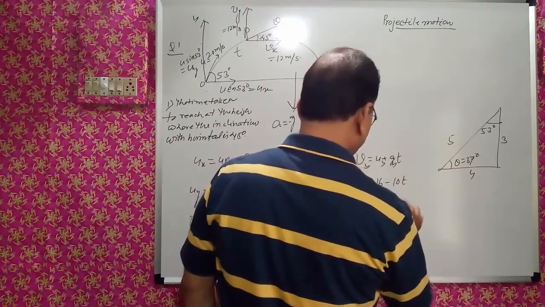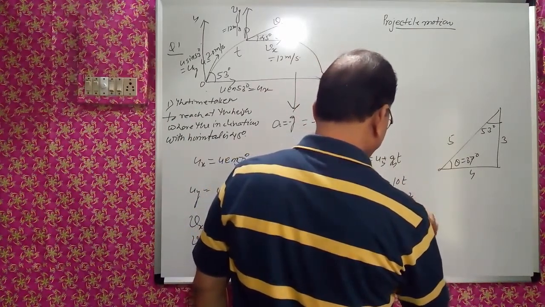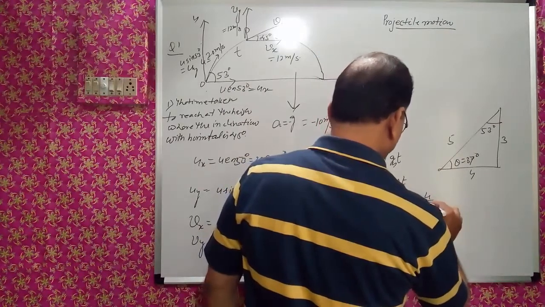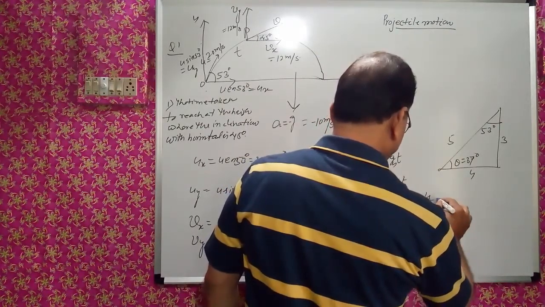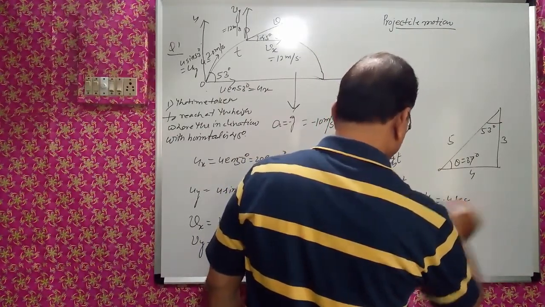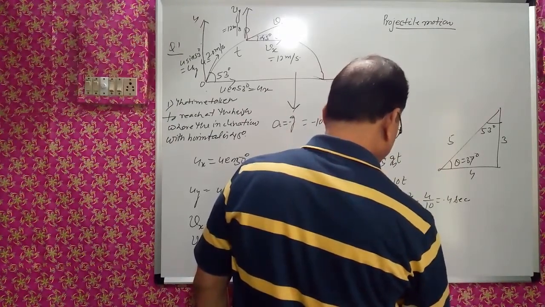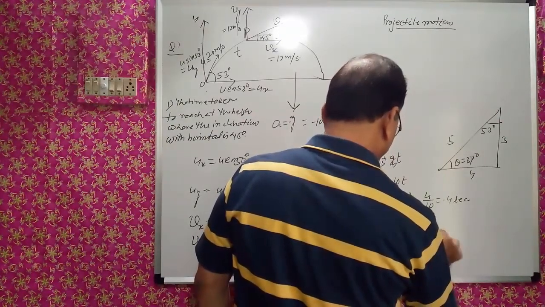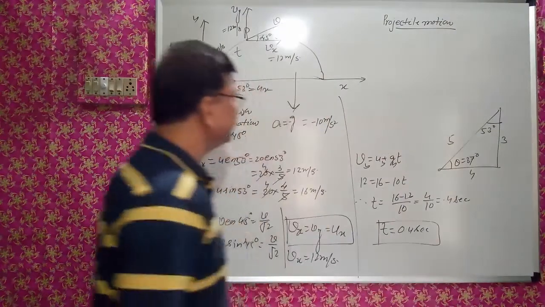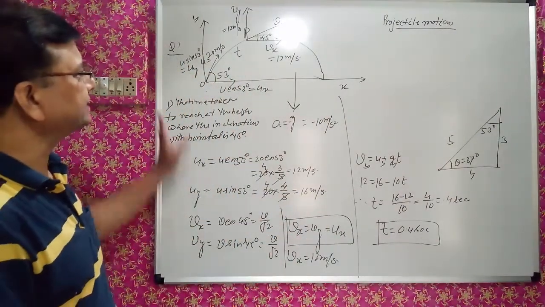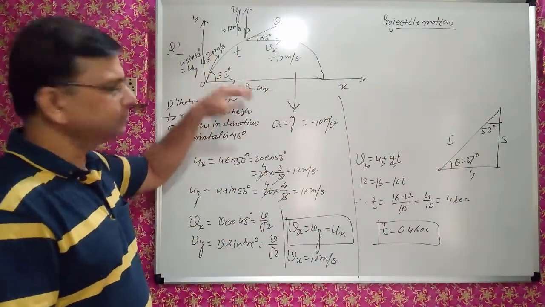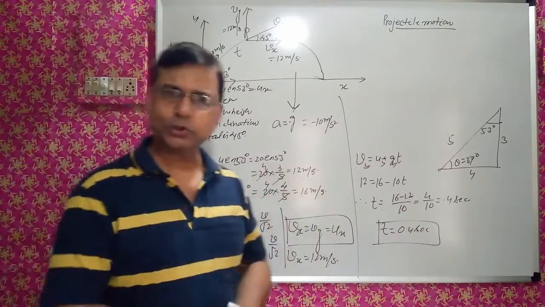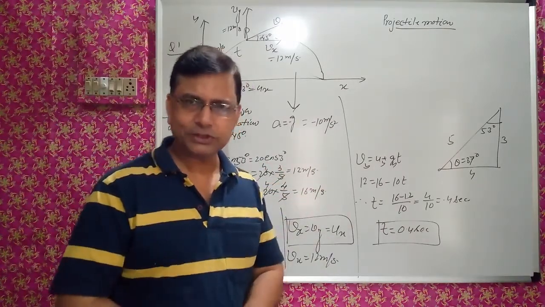Therefore, t is equal to (16 minus 12) by 10, that is 4 by 10, that is 0.4 seconds. So time taken by the projectile from O to P is 0.4 seconds. Concept is clear. So we have resolved, and after resolution this is the answer. So we'll go for the next question.